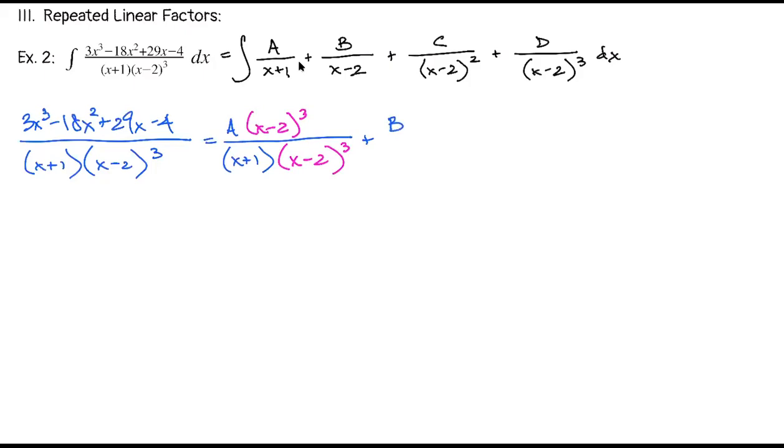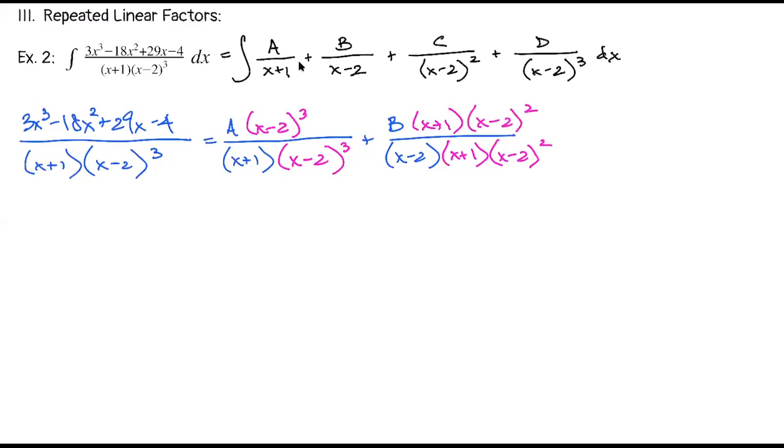Plus, for the B, I already have an x minus 2, so I'm going to need an x plus 1. And how many x minus 2s do I need? Squared, yeah, I only need 2 of them, right? So x minus 2 squared, x minus 2 squared, okay?